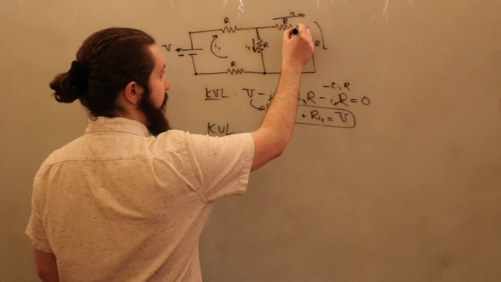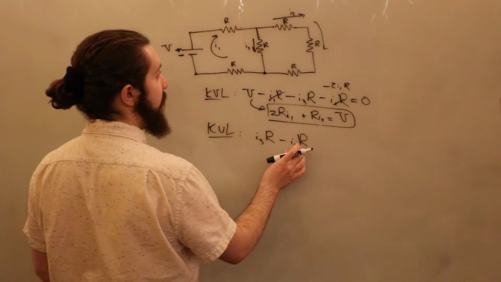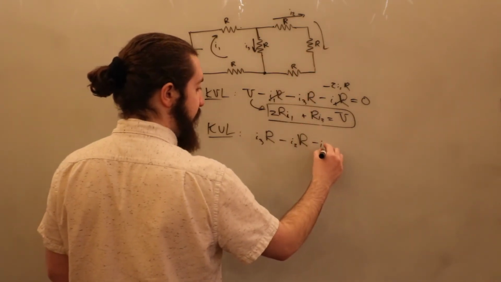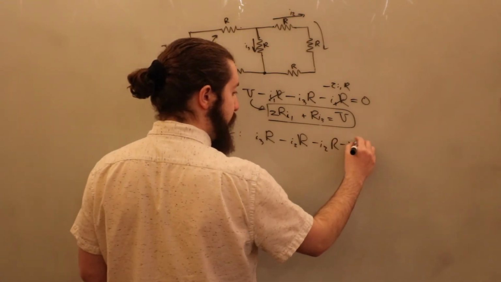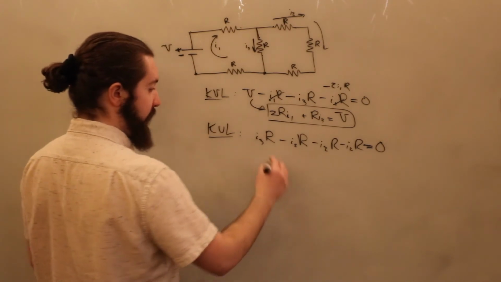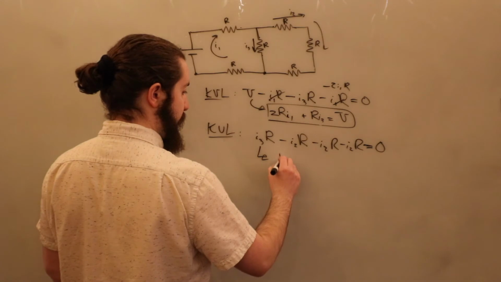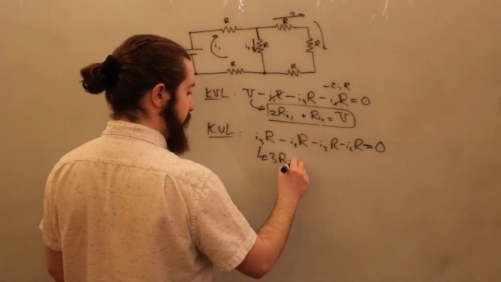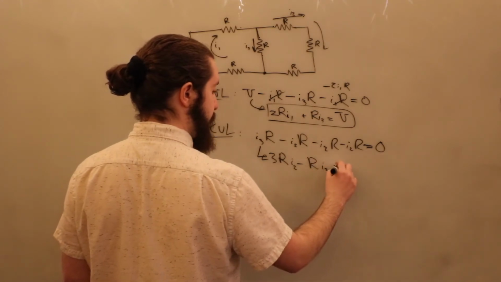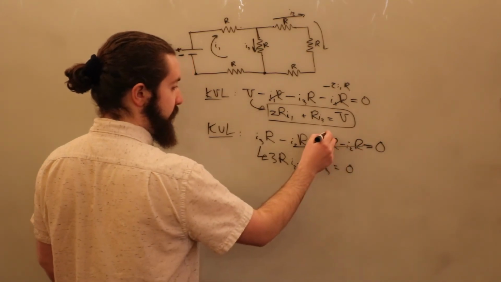Then we're going to drop again when we go there by I2 times R, and the same here and the same here. So minus I2R minus I2R is equal to 0. We can rewrite this just as 3R I2 minus R I3 is equal to 0. All I did was combine these three into one term, right?